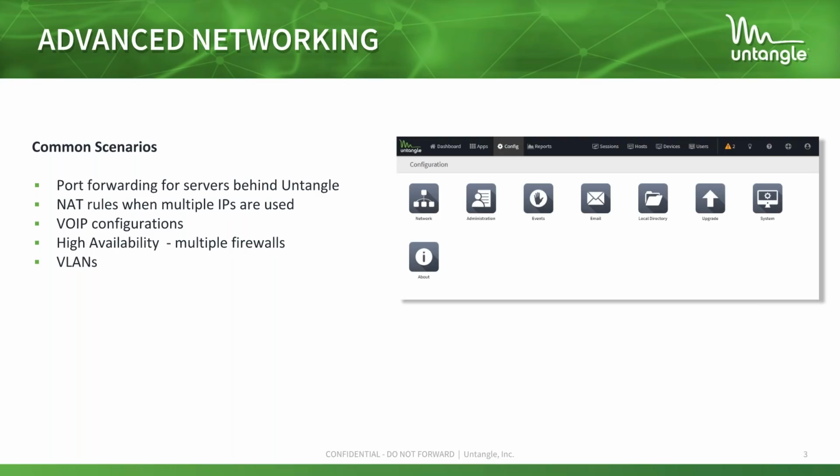We'll also be talking about NAT and creating NAT rules for multiple IPs that are assigned both on your external interface as well as the different devices in your network. We'll talk a little bit about VoIP and how that should be configured in the Untangle product. We'll be talking about high availability, how we utilize that technology in our product, and we'll also talk about VLANs.